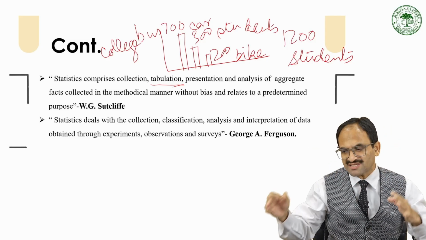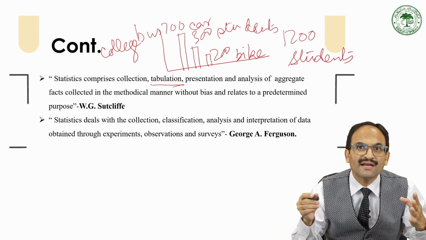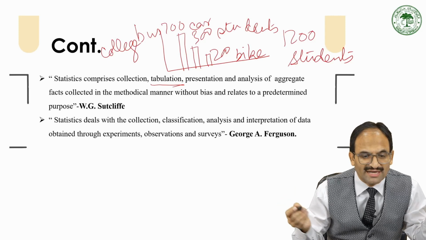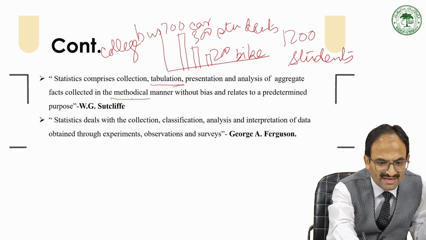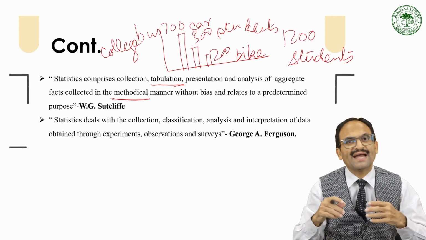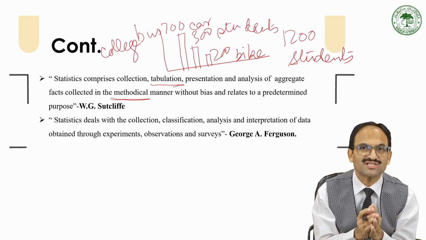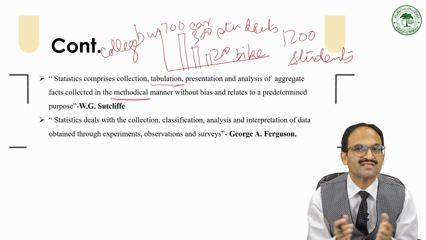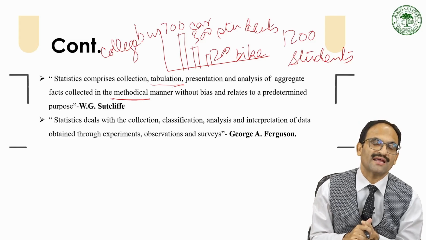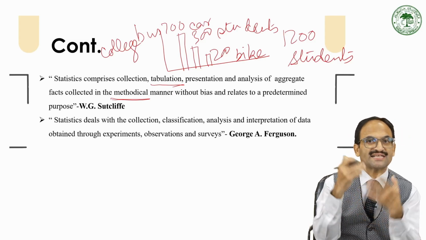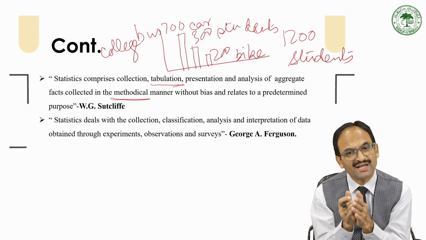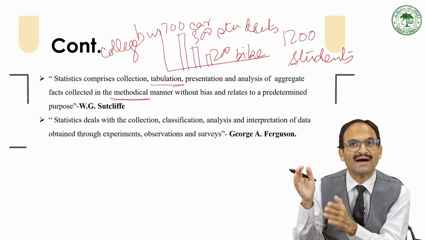But that analysis will not be done in a haphazard way. That analysis will be done in a methodical way, and statistics provides us those methods through which the analysis of the data will be conducted. And that analysis, as I have mentioned, will depend on the predetermined purpose.